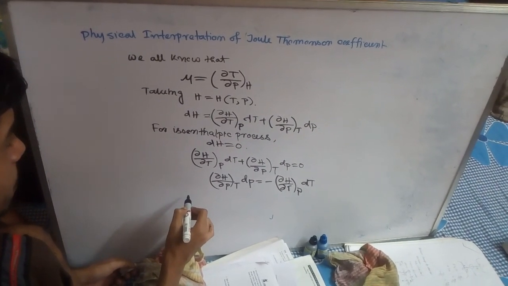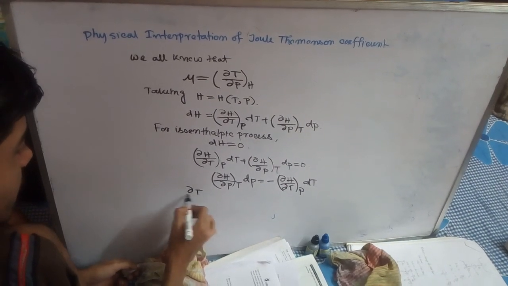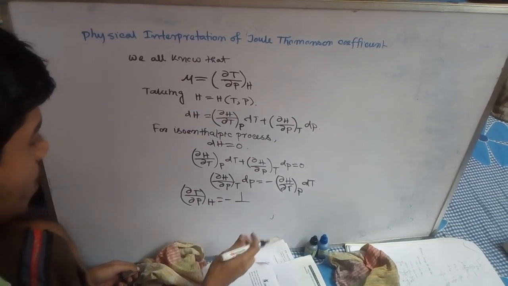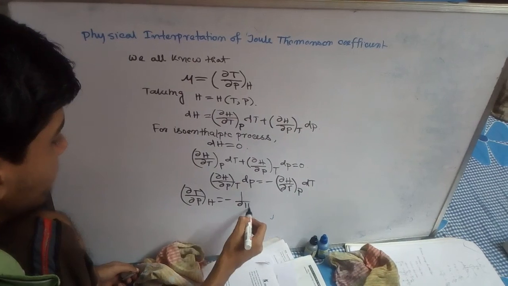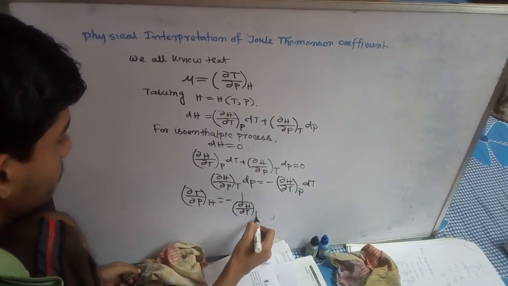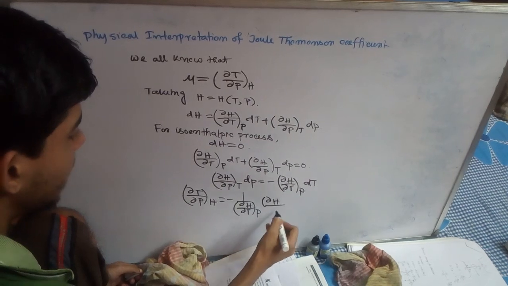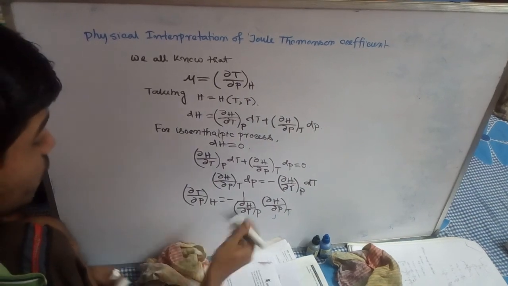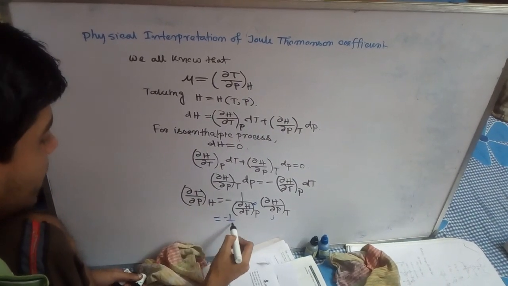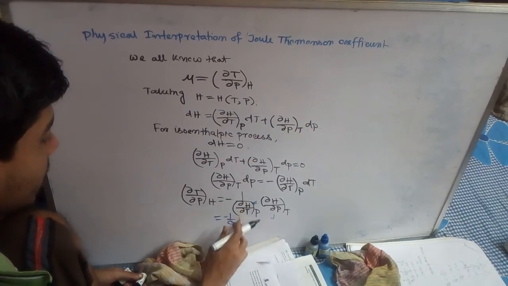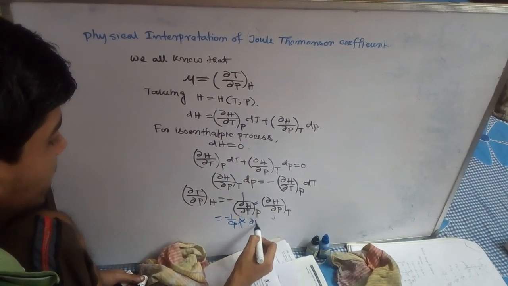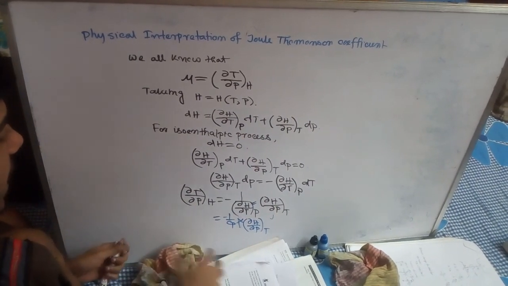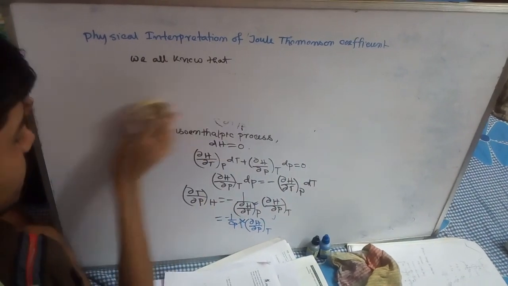So del T del P at constant H should be minus 1 by del H del T at constant P into del H del P at constant T. This term, we all know, is Cp.